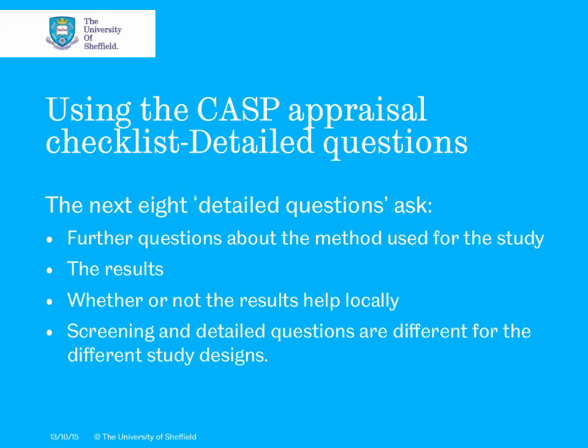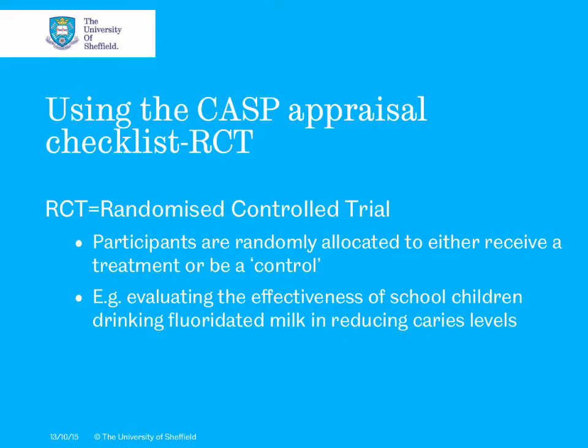If your paper passes the screening questions, you go on to answer the detailed questions, and the detailed questions differ depending on the study design. We're now going to use the randomised control trial checklist as an example to help you get used to using the CASP appraisal checklists.